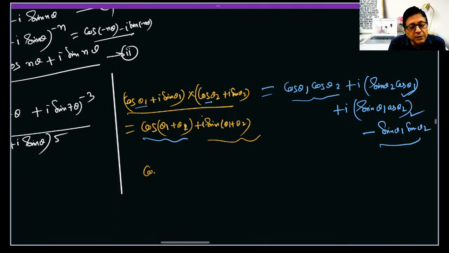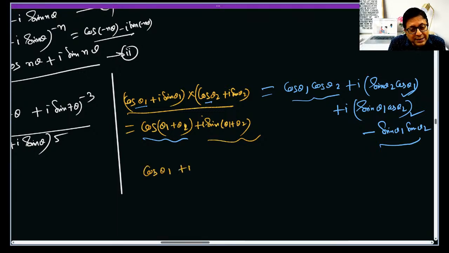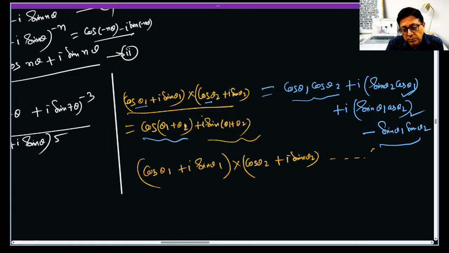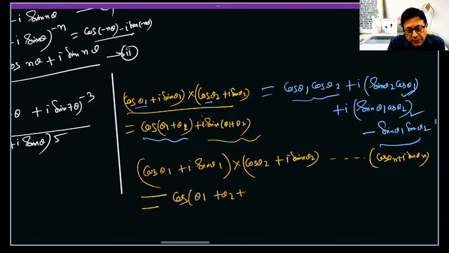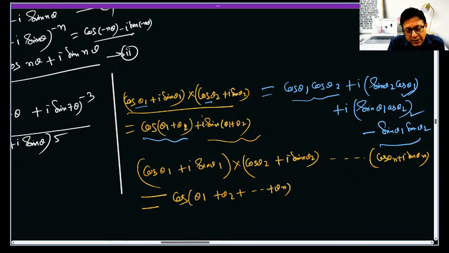This result can be extended for 3 numbers, for n numbers also, into, after multiplication, this will give you theta 1 plus theta 2 up to theta n, I into.